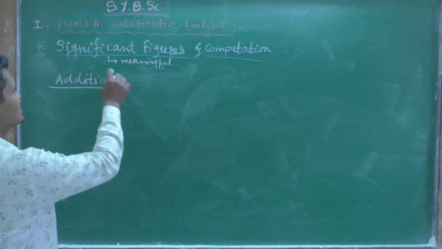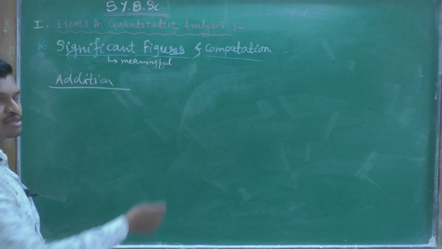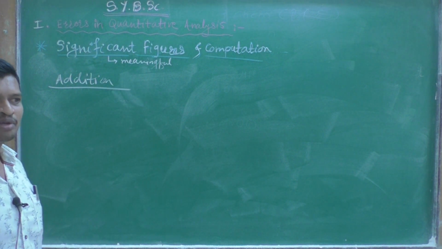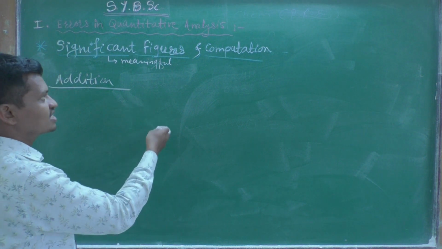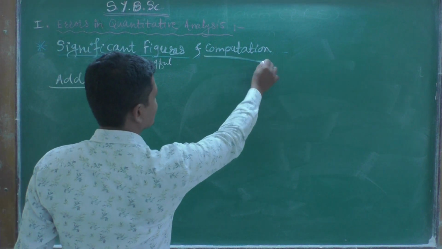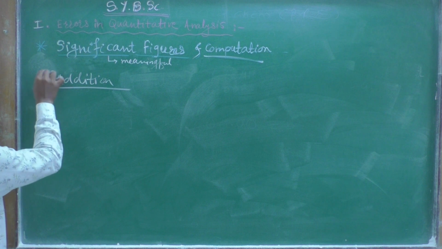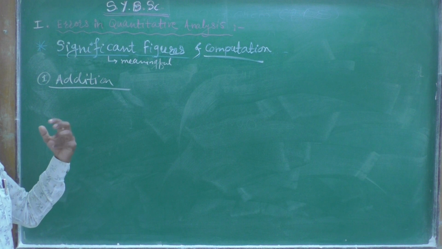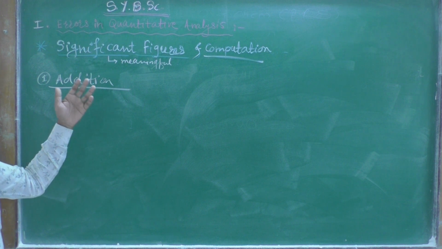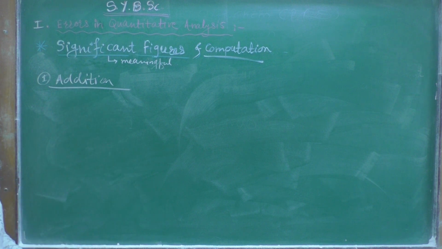The application of significant figure rules in addition, subtraction, multiplication and division, the 4 basic operations in mathematics, we call in short computation. Okay, so the first operation is addition. We will see the rules summarized here in this concept known as computation. We will see one by one.